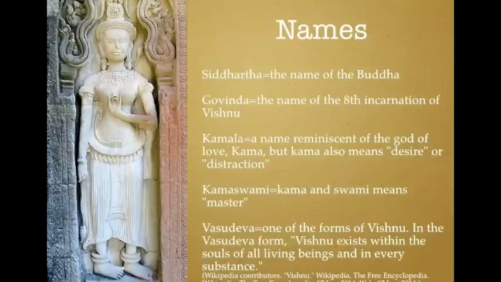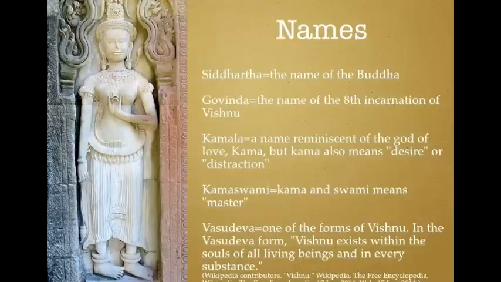And she's also going to be like the god of love to him. So that's a very apt name. We're also going to come across a character called Kamaswami. Once again, Kama means desire or distraction. Swami means master or owner. So Kamaswami is going to be the owner of desire or the owner of distraction, the master of these things.